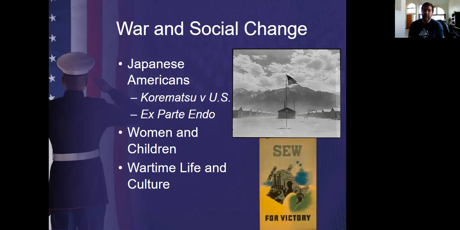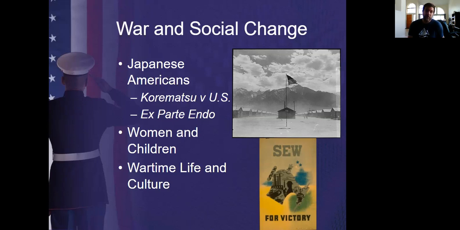They would not put them in the Pacific theater, but certainly in the European theater. And so they are fighting for their country while at the same time their parents are being interned in camps. Some of the largest internment camps were in both California as well as here in Arizona.